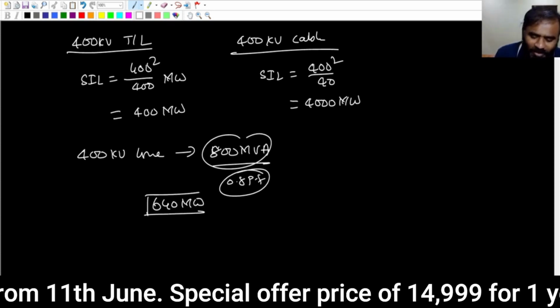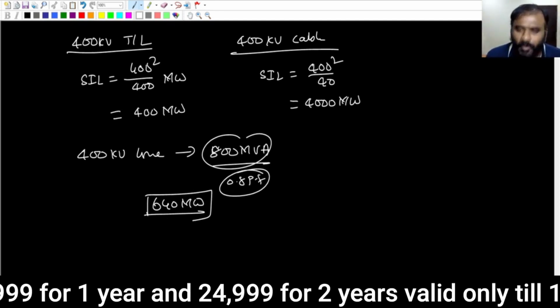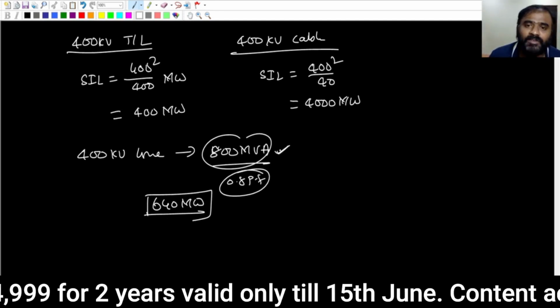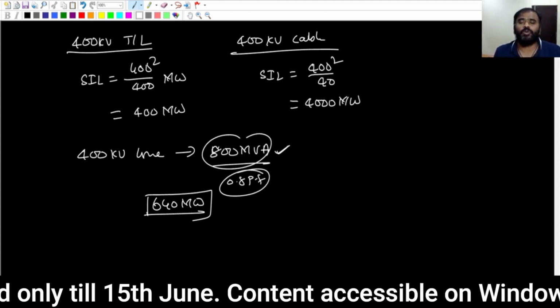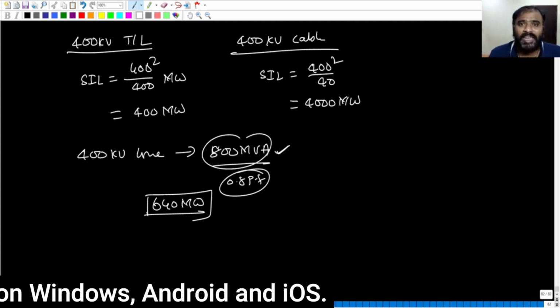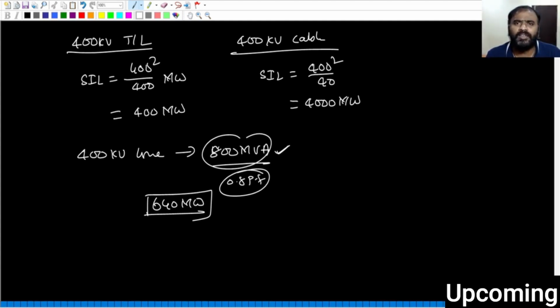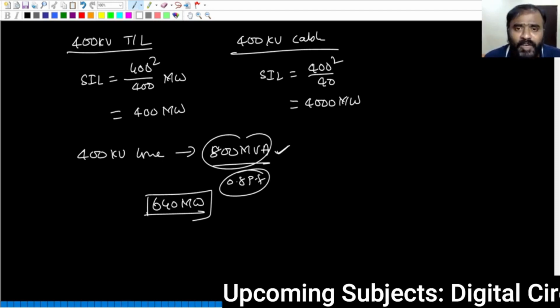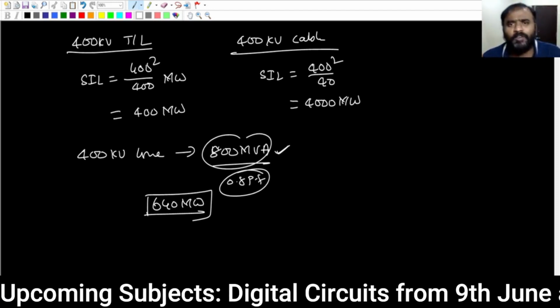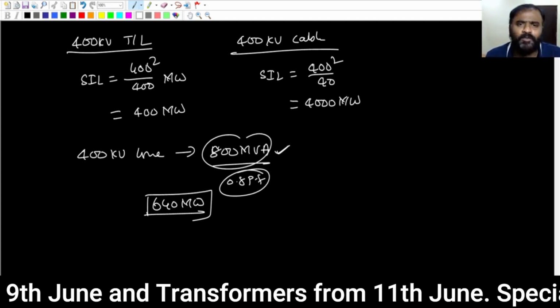This is the practical loadability of a 400 kV line. We discussed this in the starting class, in chapter 1, in the criteria for selection of operating voltage: a 400 kV line is generally designed to carry 800 MVA. With typical power factor 0.8, that is 640 megawatt, still greater than 400.